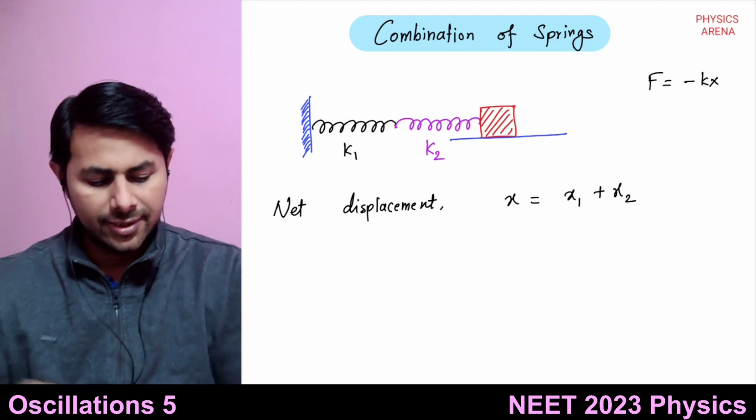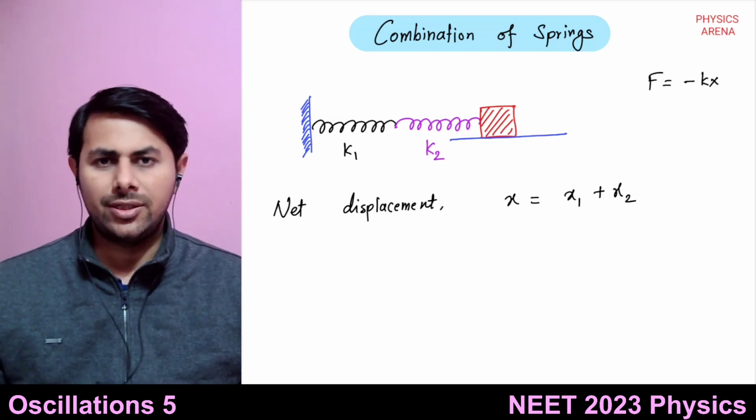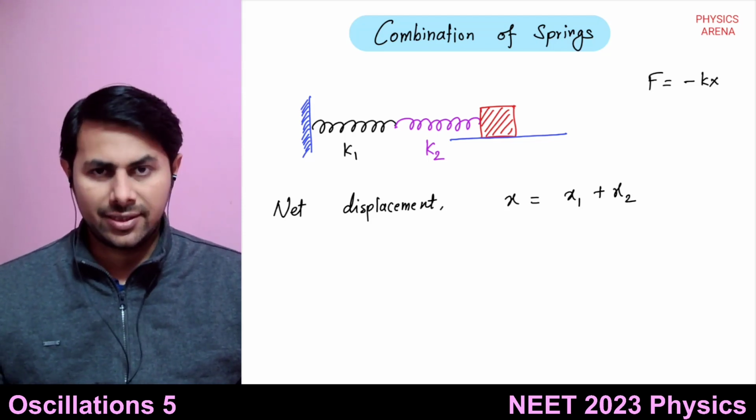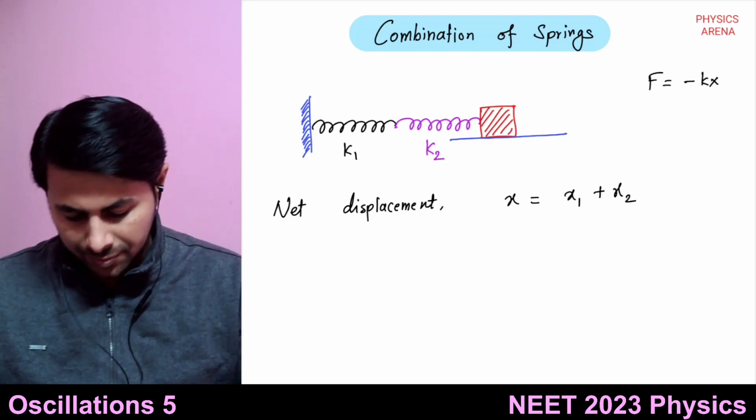So suppose the effective spring constant is k, or let's call it ks, s for series, because we have connected them in series combination.